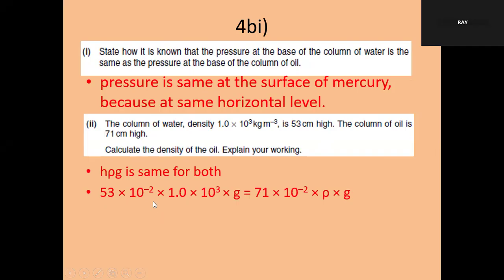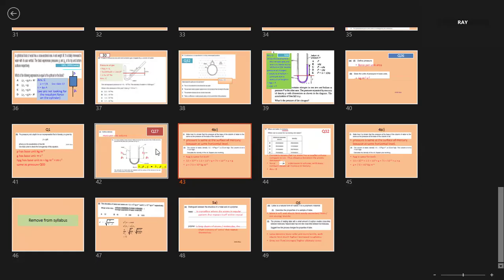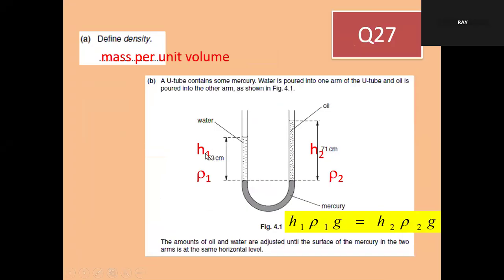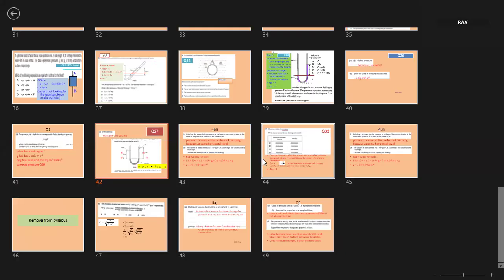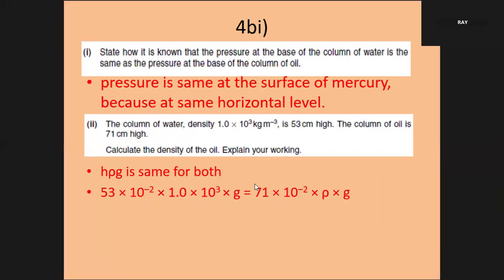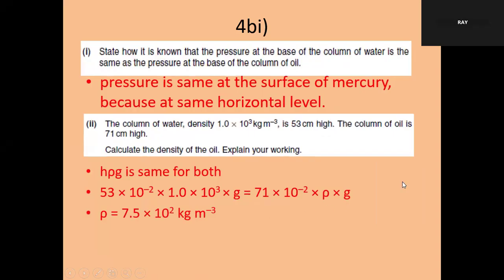Convert it. This is the question. Convert this 53 to meter. Convert that 71 cm to meter. Use this formula and calculate out. Okay, now anything not clear?